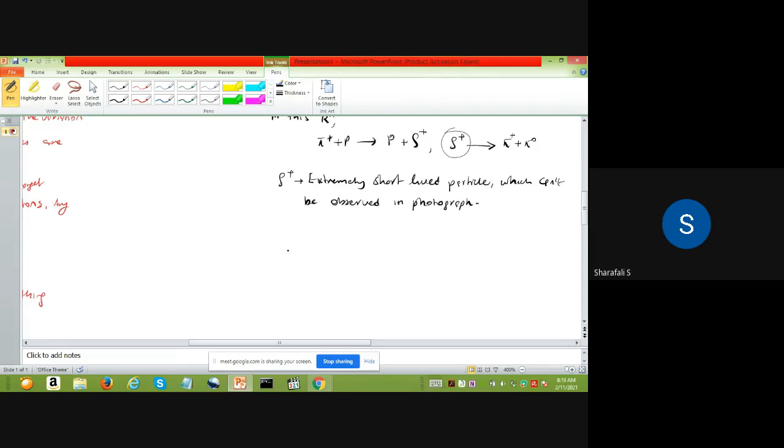That can be done by measuring how much the track is deflected by a magnetic field.